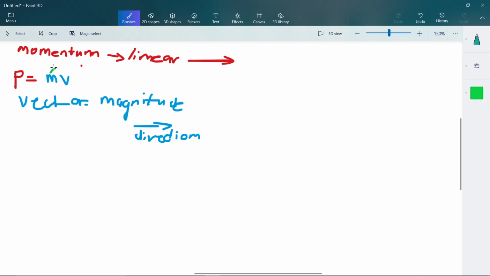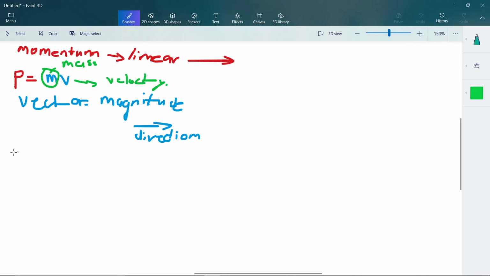From this formula, m stands for mass at your level, and v is the velocity of the object. More appropriately, m stands for inertia, not mass. You can use mass for now, but if you pursue physics at tertiary level, it will be inertia.